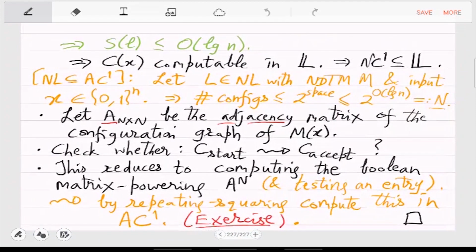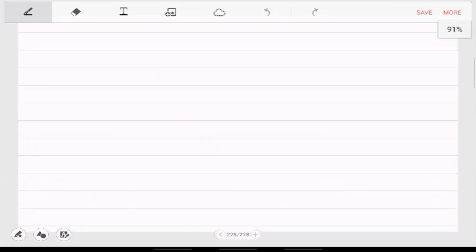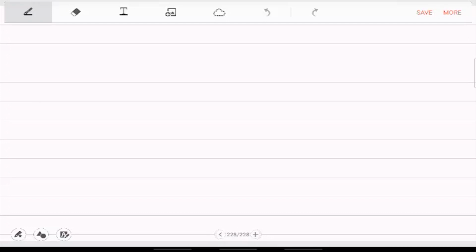So that is a nice result to know, and using this log space, now we will do something new, which is P completeness. So is there a P complete problem?